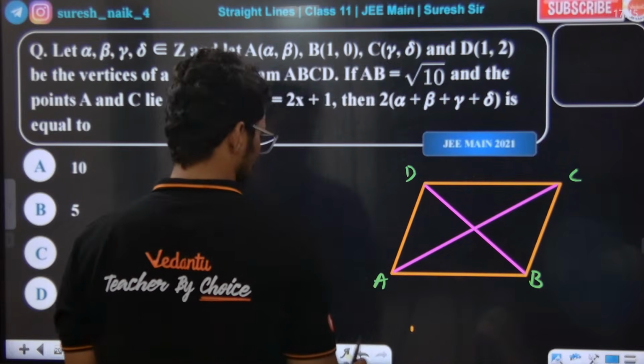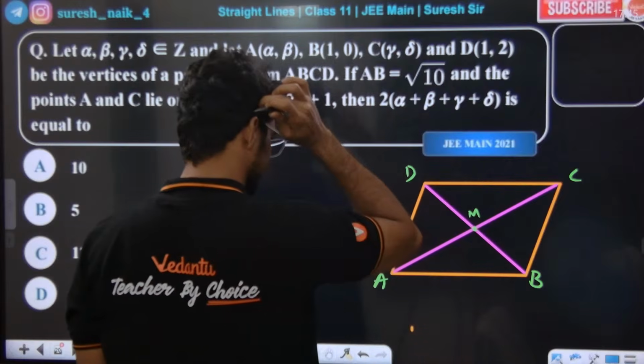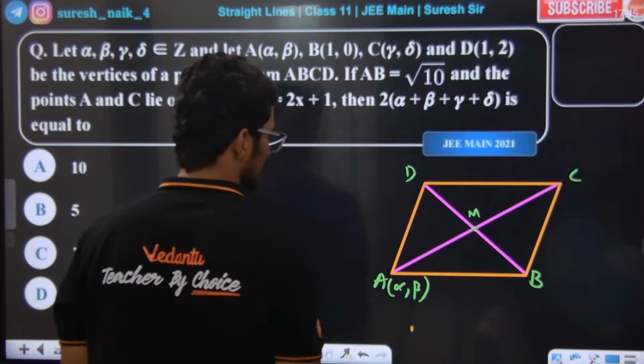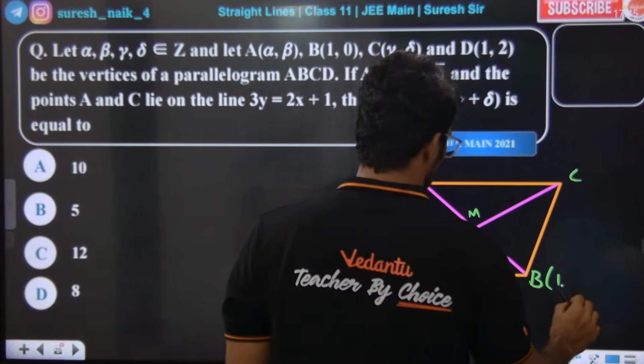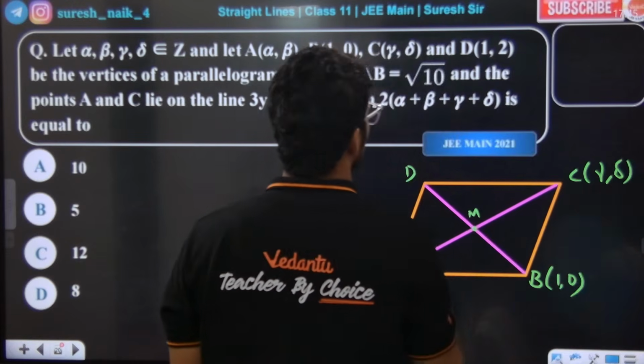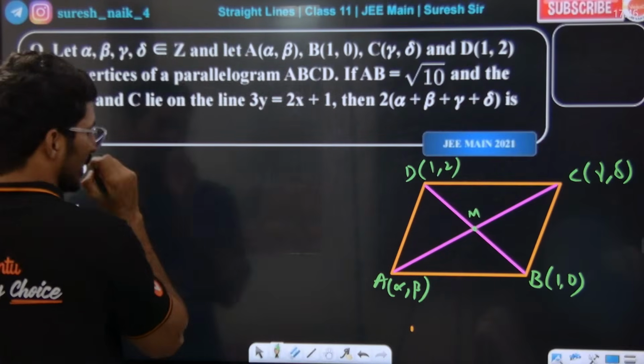This is the midpoint, right? What is point A? Alpha, beta. B is 1 comma 0. C is gamma comma delta. D is 1 comma 2. Sir, what is point M? Tell me here. Midpoint. M is what?